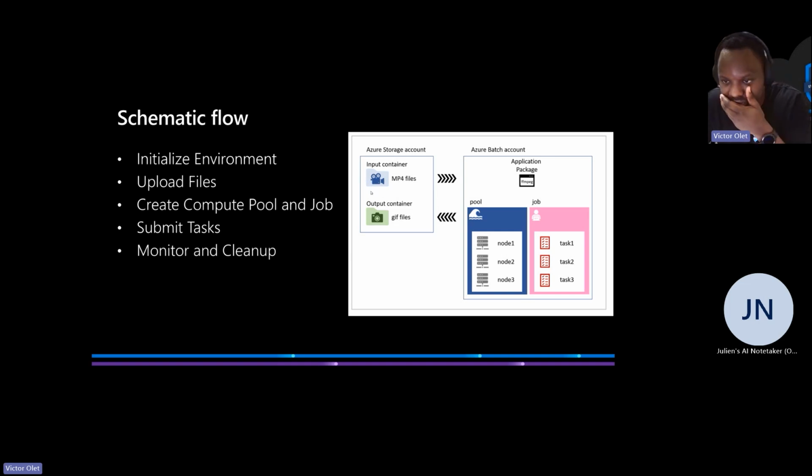You have your ffmpeg application package. With this software, it will run and do these tasks. The tasks of converting these MP4 files to GIF files will be done on this particular node, via this pool. And that is how the workflow will look for this particular Azure Batch example.